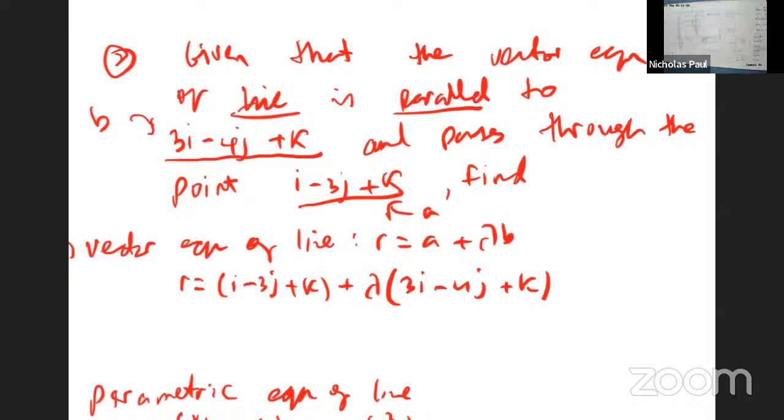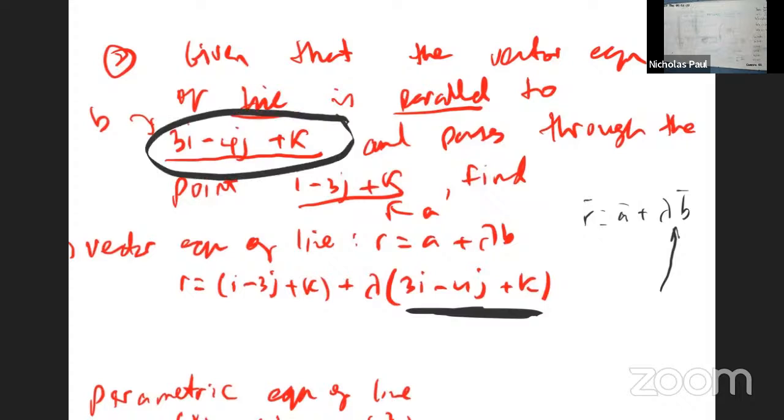It means that 3i minus 4j plus k is the parallel vector, which is b. Remember, r is equal to a plus lambda b. This here is your direction vector. The direction vector is the one that's parallel to the line. And then the point on the line is a, 1 minus 3i.